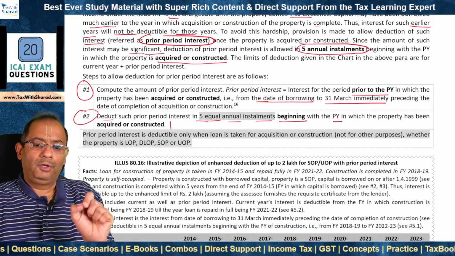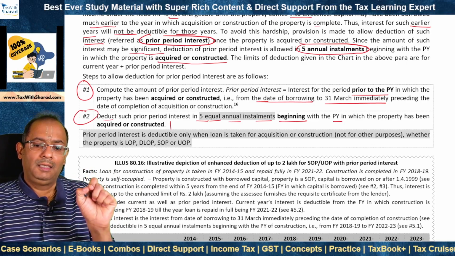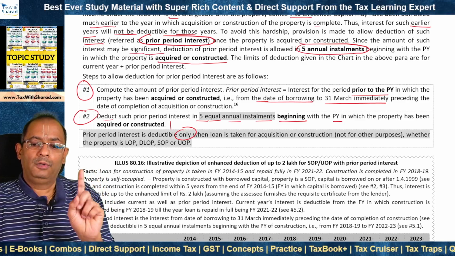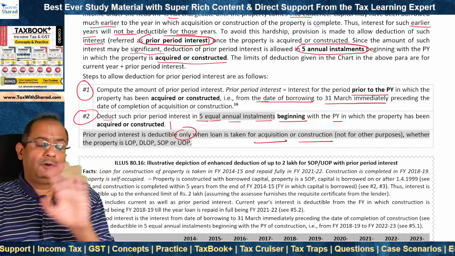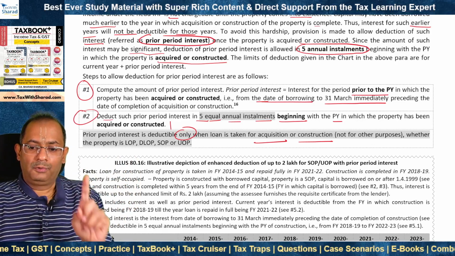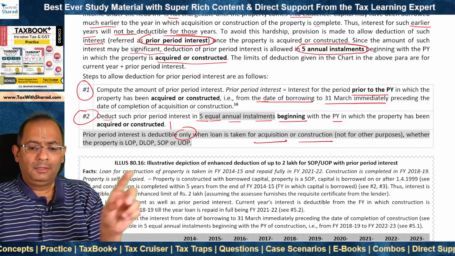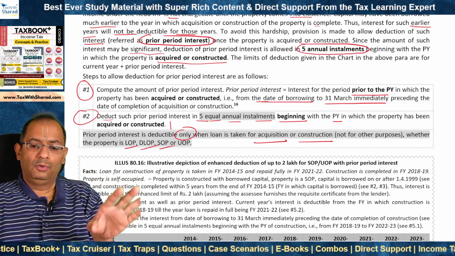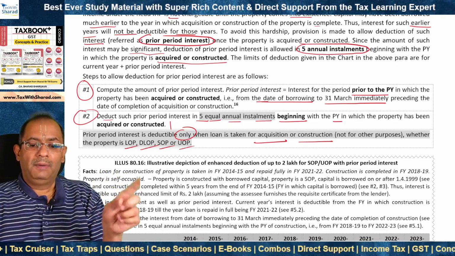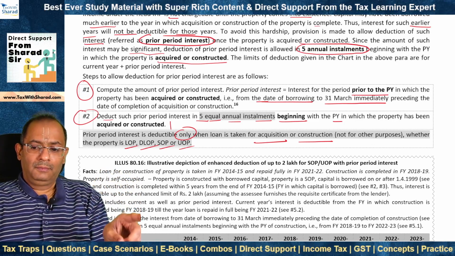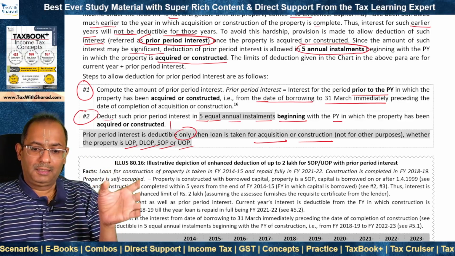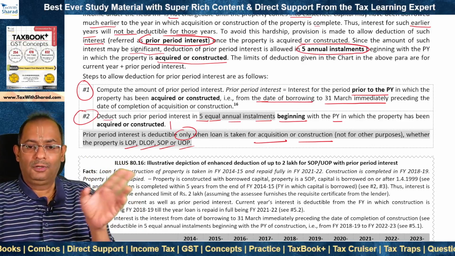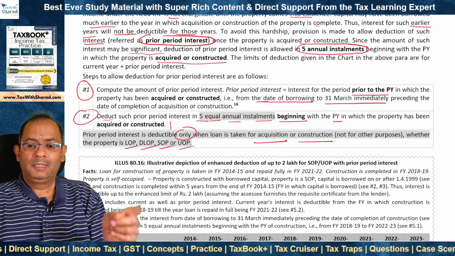The important point to note is prior period interest is deductible only when the loan is taken for acquisition or construction, not for any other purpose. Whether the property is LOP, DLOP, SOP or UOP, it doesn't matter. But if the loan is taken for, say, repair or renewal or reconstruction, etc., prior period interest is not deductible, only current year's interest is deductible.